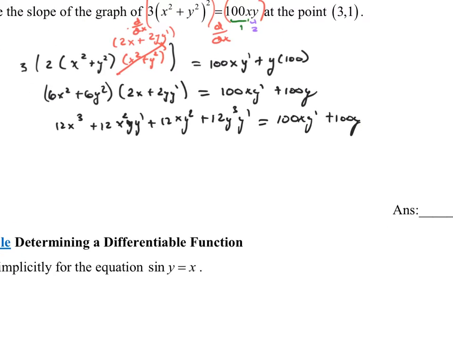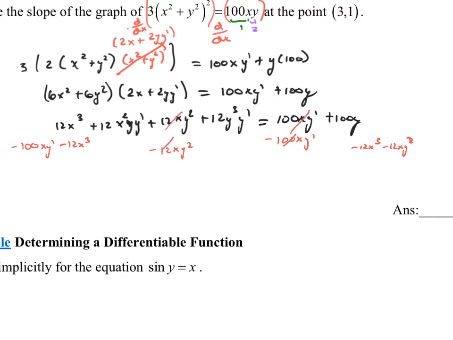Let's keep on going. So everything with a y prime I want on the left. So I'm going to subtract off 100x y prime from both sides. And then I'm going to move everything else to the right. So I'm going to subtract off 12x cubed. I'm going to subtract off 12xy squared. And that looks like it for me, okay?